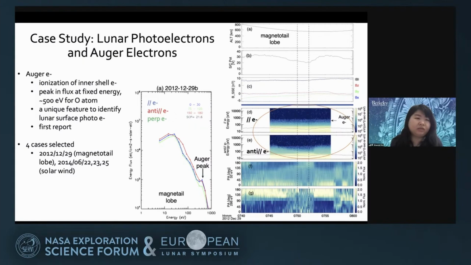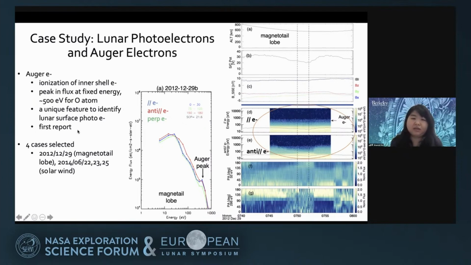What are Auger peaks? These are Auger electrons, which result from the photoionization of the inner shell electrons. Because of the atomic level processes, this peak occurs at a fixed energy, which is 500 eV for the oxygen atom. So this is a unique feature to unambiguously identify lunar surface photoelectrons.